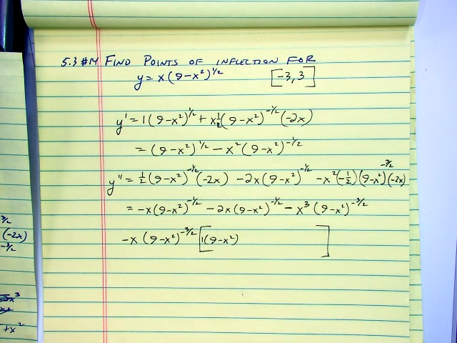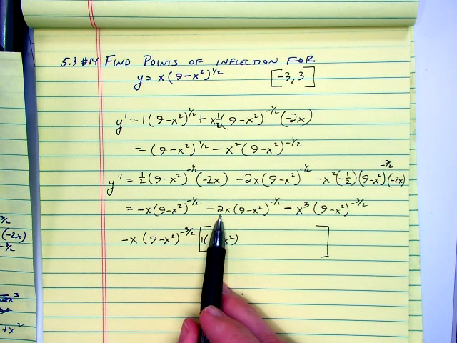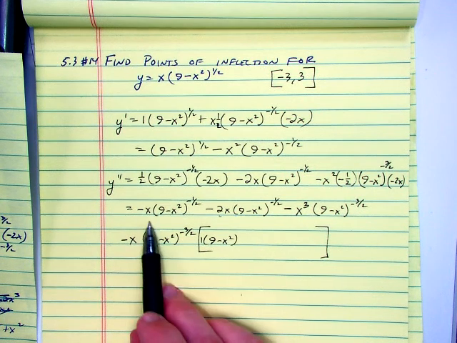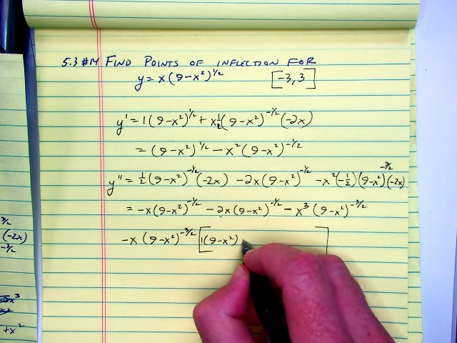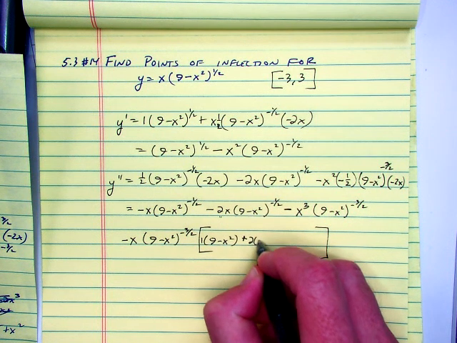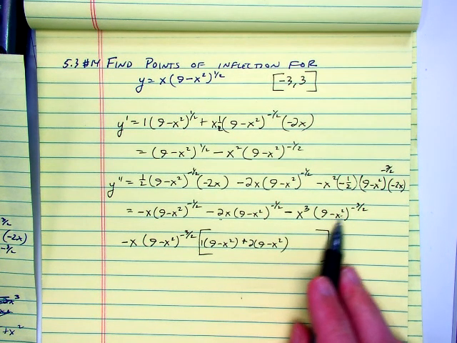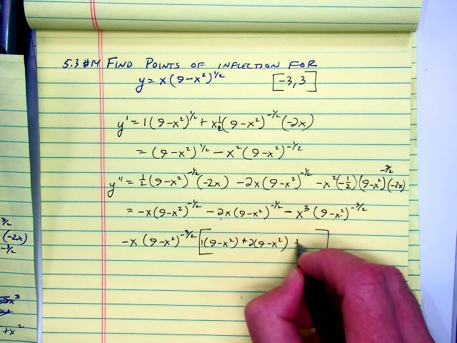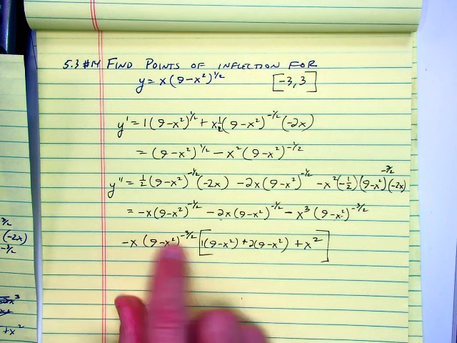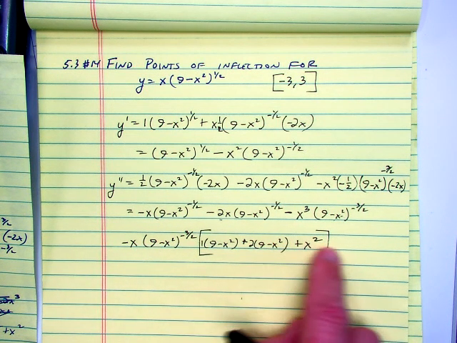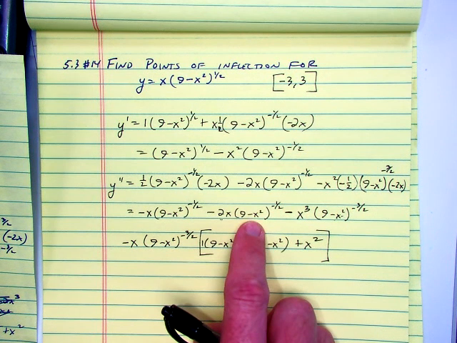I have everything identical to this except, by the way, these are actually the same term. So you could have combined them together and gotten -3 of them. But so I have plus 2 times 9 minus x squared. And then everything is the same here except I have a plus x squared. So this is what I get when I factor it. You could have combined these to -3x, and then you would have had that here.